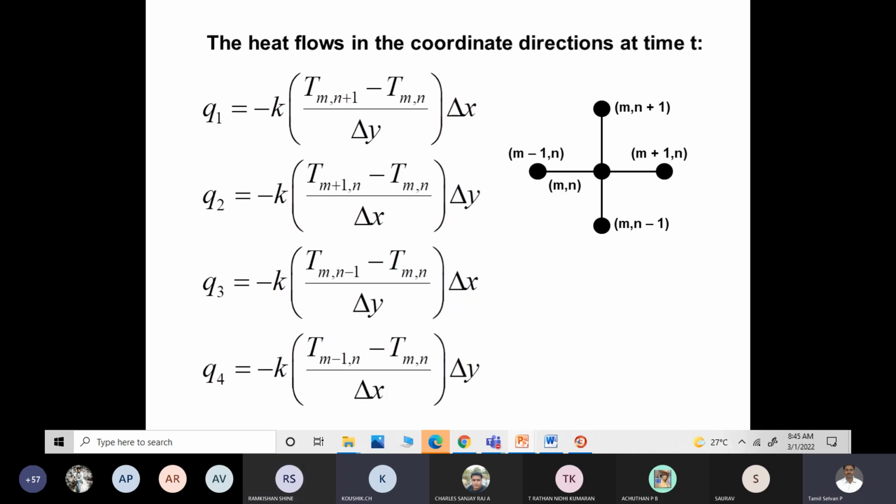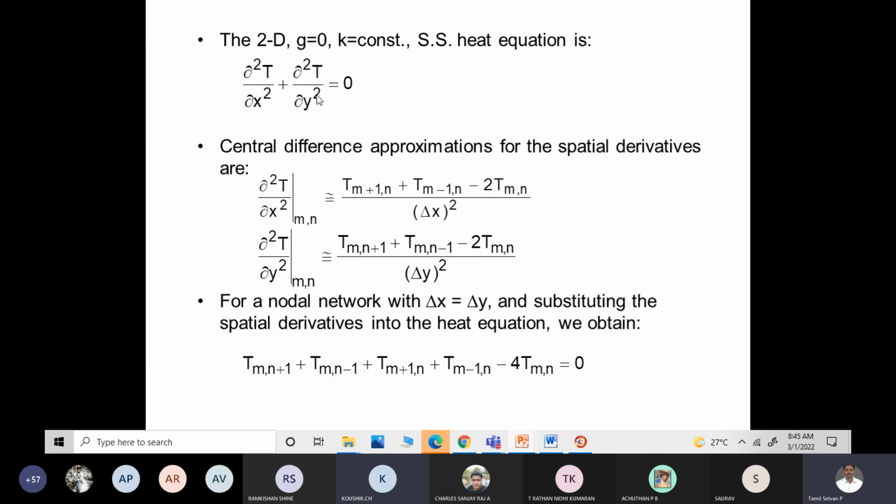Now del squared T by del x squared plus del squared T by del y squared equal to 0. When you write the equation like this, you will get t(m, n+1) plus t(m, n-1) plus t(m+1, n) plus t(m-1, n) minus 4t(m, n) equal to 0.